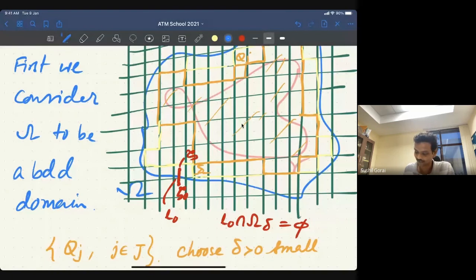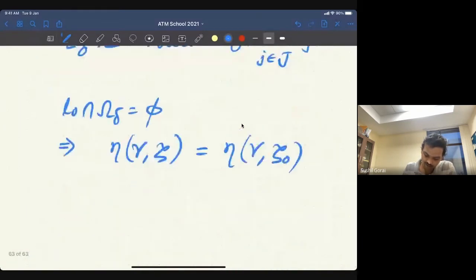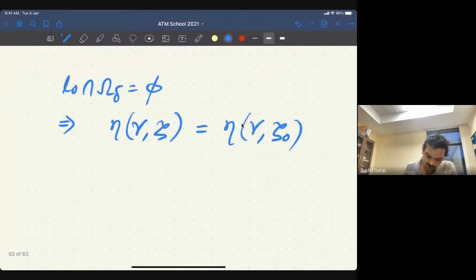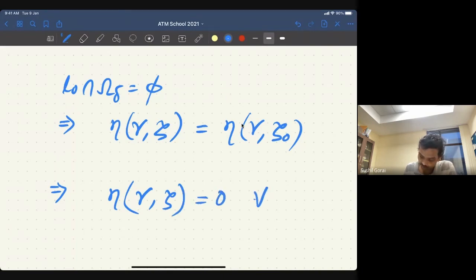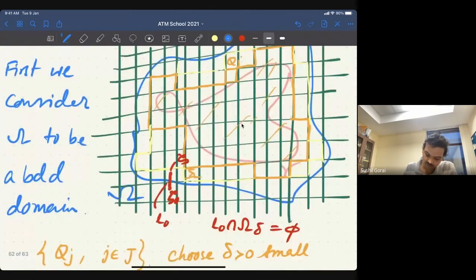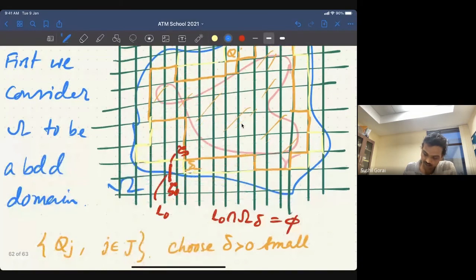So in particular, the winding number of gamma with respect to zeta is 0 for all zeta in the boundary of omega delta.